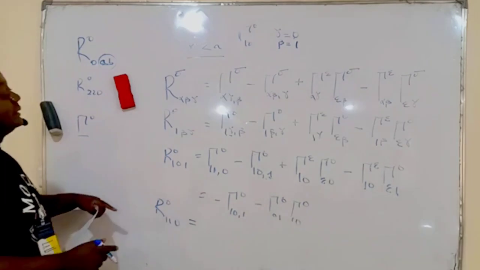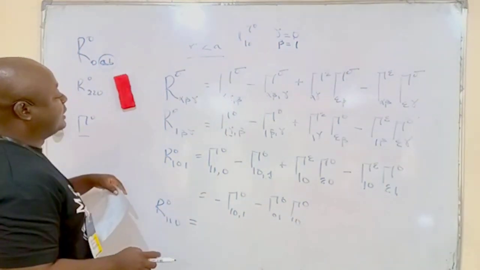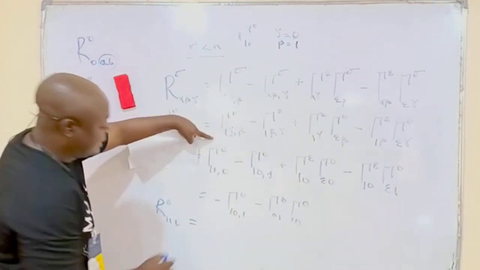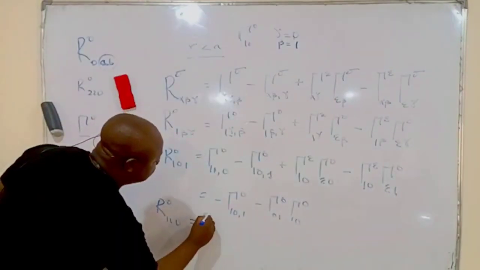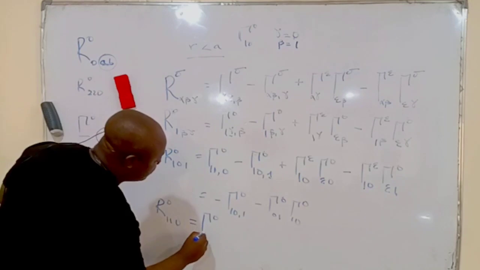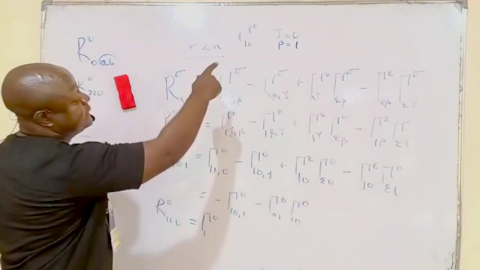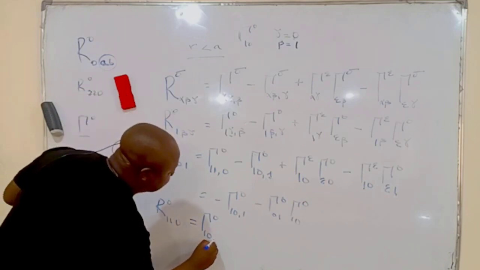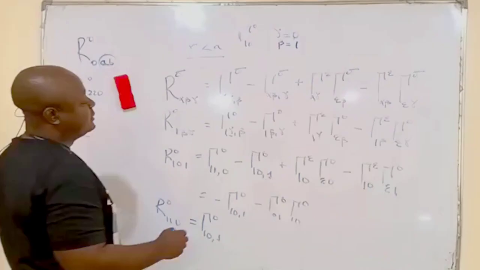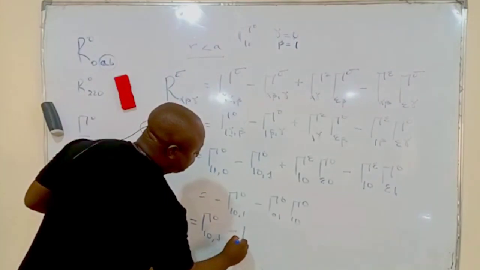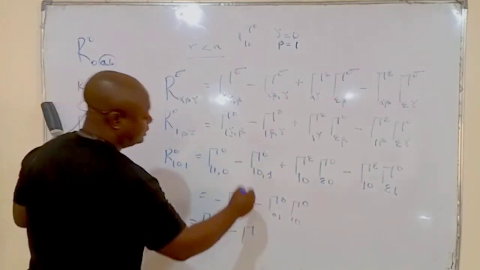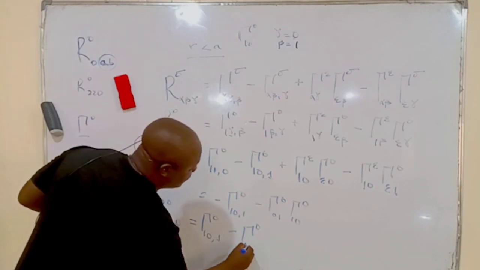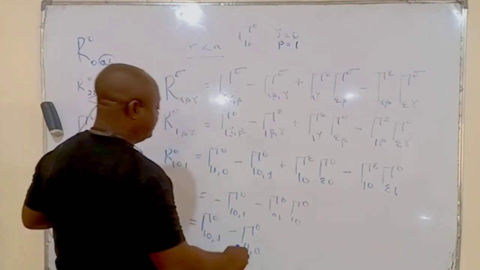So in that case, we are starting from here. Okay? So we have 0, we have 1, our gamma is 0, and our beta is 1. Okay? Minus 0, 1, our beta is 1, comma 0. Okay?